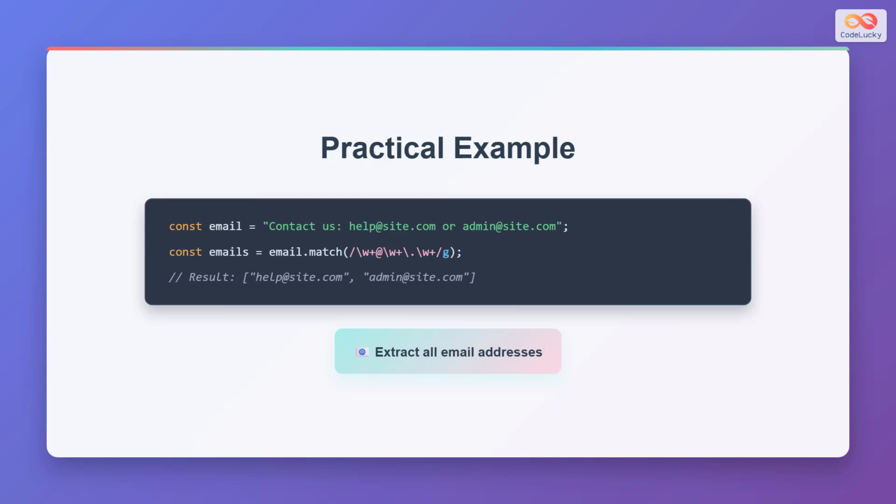The global flag is used here to find all email addresses in the string. The result will be an array containing help@site.com and admin@site.com. This demonstrates how the global flag can be useful for extracting multiple pieces of information from a string.